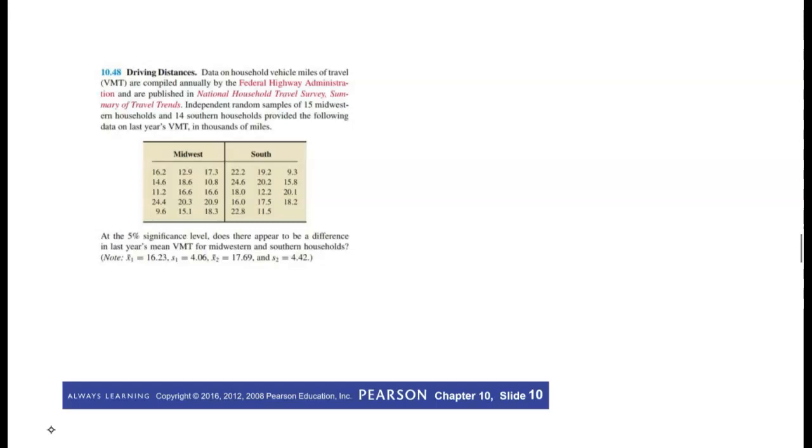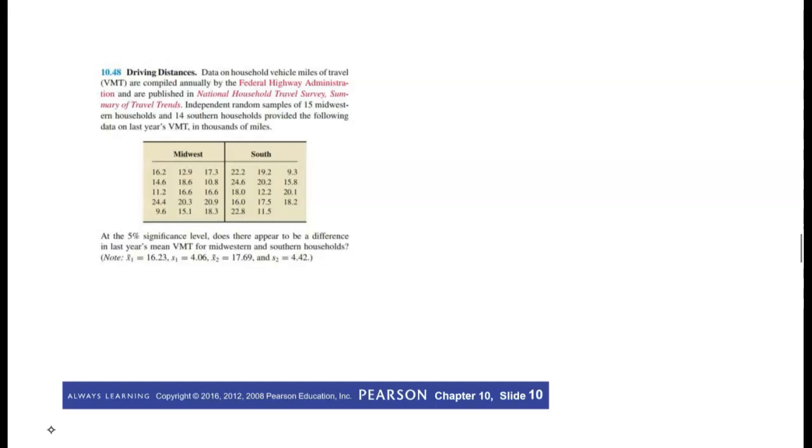If we took independent random samples of 15 Midwestern households and 14 Southern households, the question is to compare these and determine if, at the 5% significance level, there appears to be a difference in last year's VMT for Midwestern and Southern. So in other words, is there a difference between the annual amount that someone who lives in the Midwest drives compared to the annual amount that someone who lives in the South drives? That's what we're looking for.